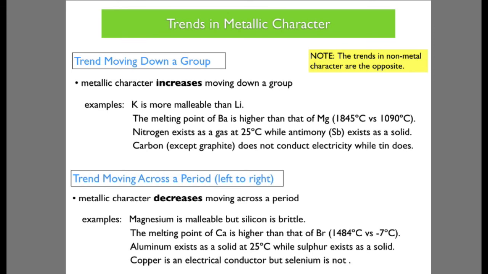Aluminium exists as a solid at 25 degrees, whereas chlorine is a gas. And copper is an electrical conductor, but selenium is not.